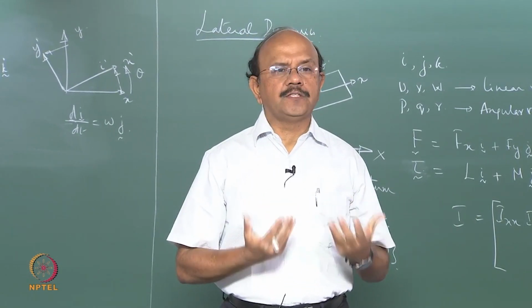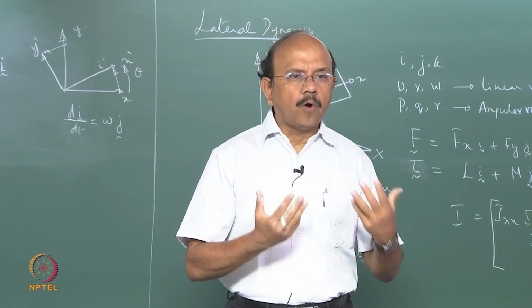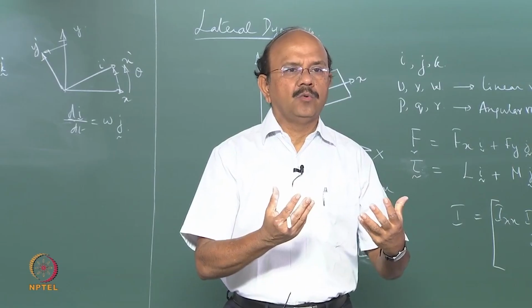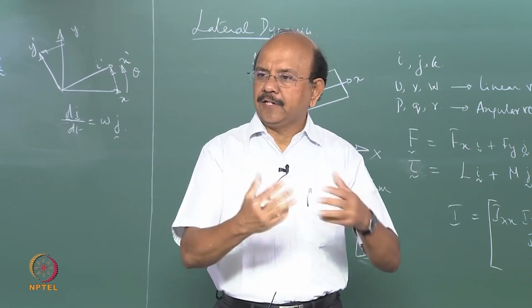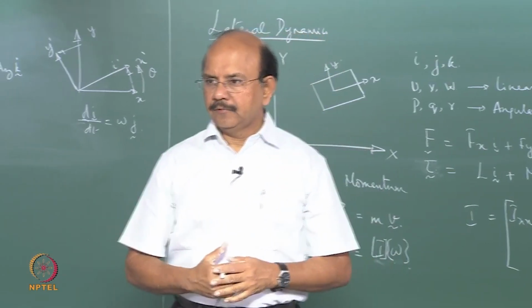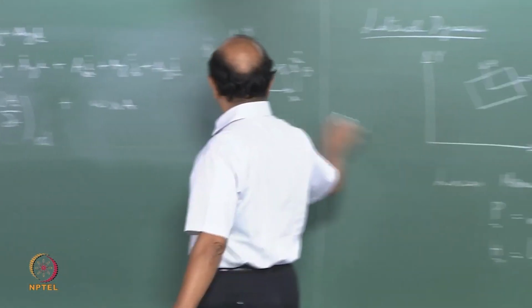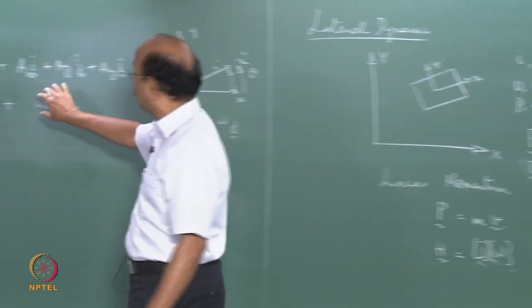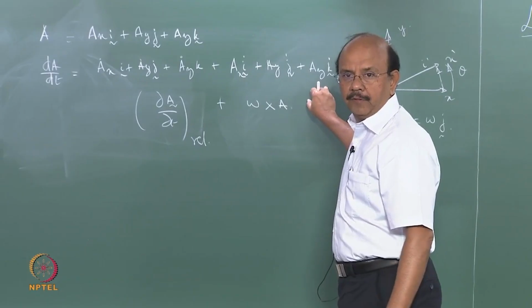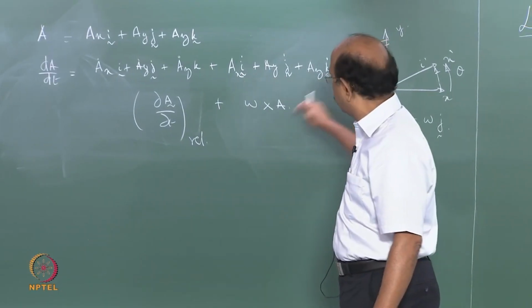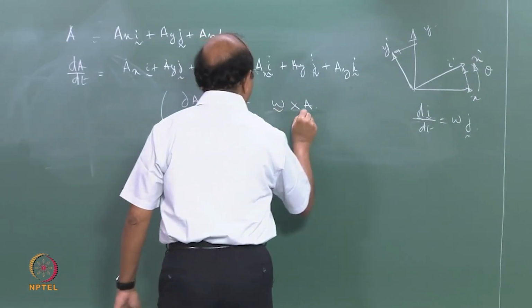The physical meaning of the first term is simply that that's what an observer who's sitting in the body-centered coordinate would see as the rate of change of A. Because I have to apply my formulas in terms of the inertial frame of reference, when the body-centered coordinates change with time, I take that into account as well by putting that omega cross A.